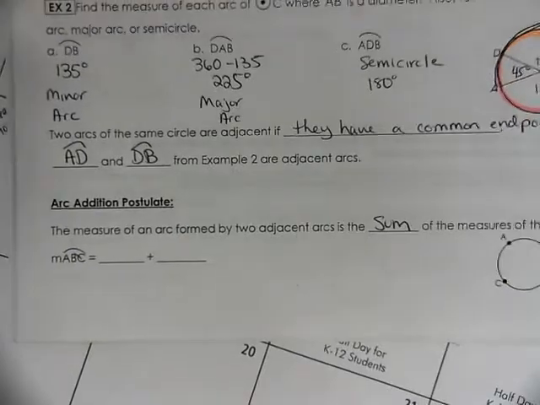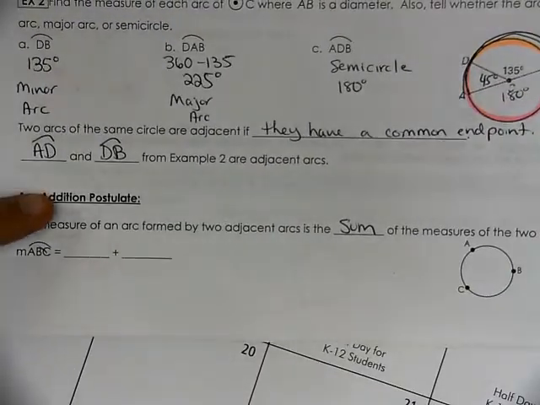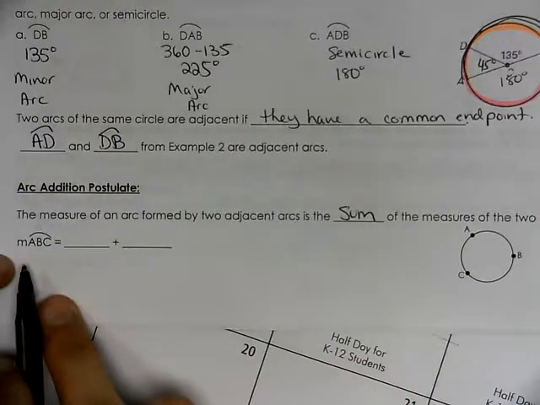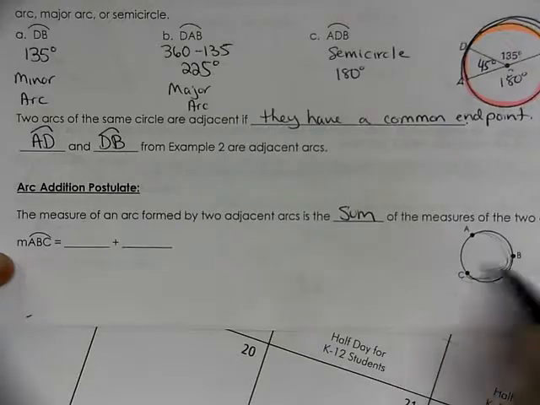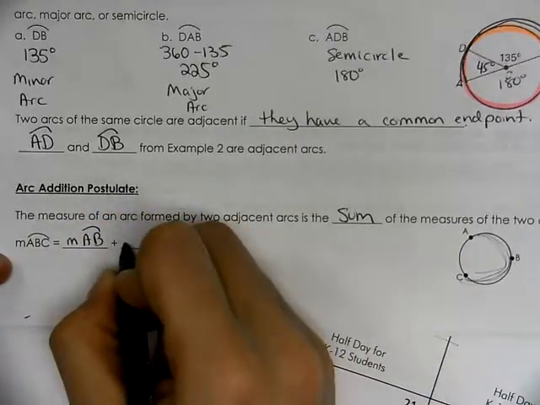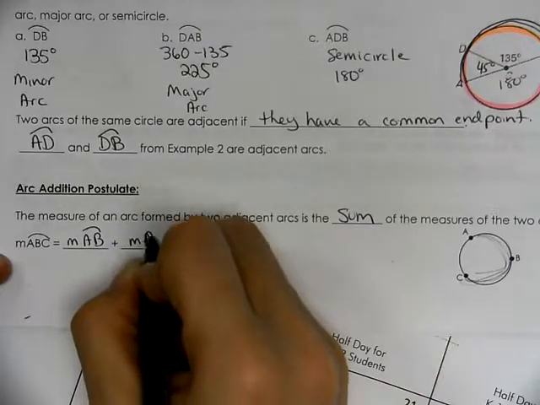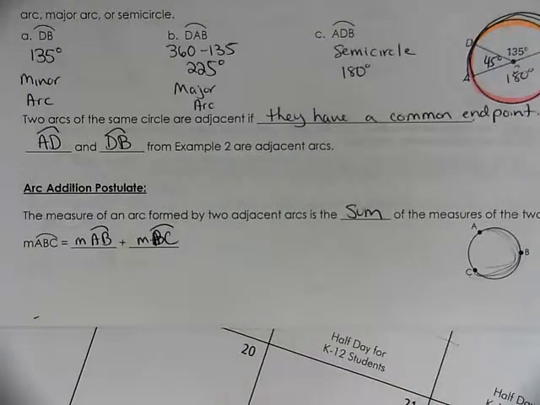They're always going to add up total, all of them, to 360. So here, the measure of arc ABC would be the measure of arc AB plus the measure of arc BC. So you can take two little guys to make a bigger guy.